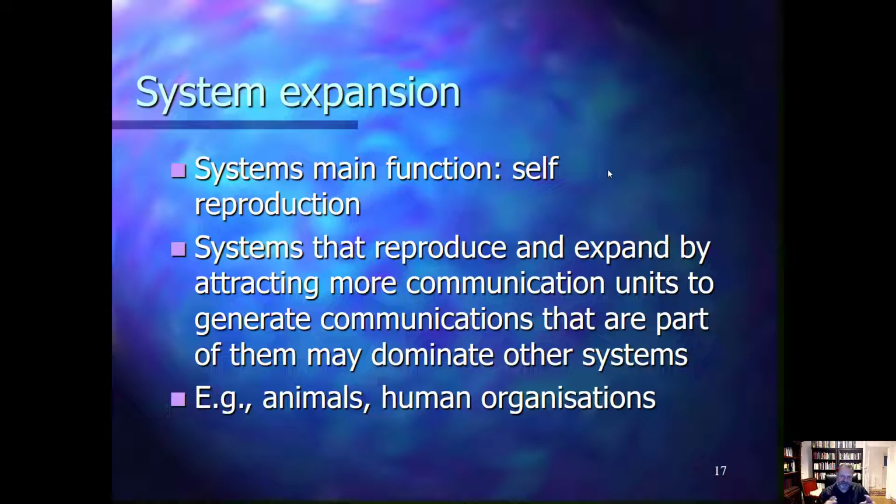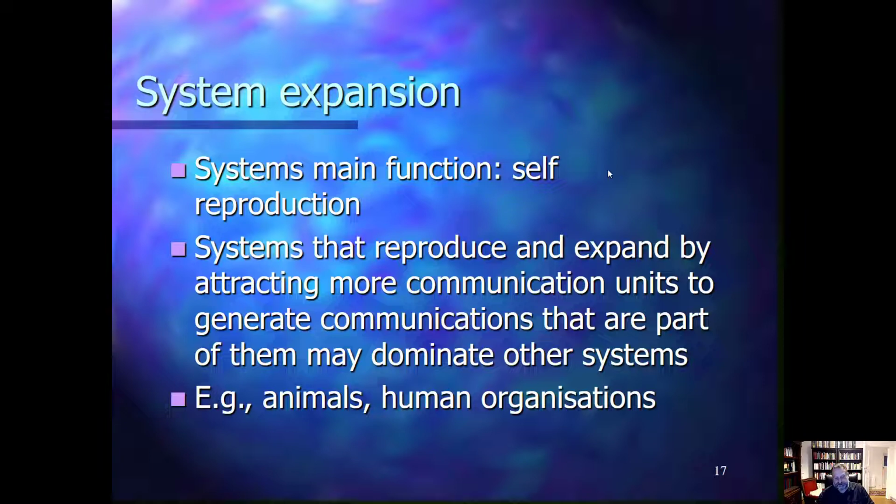Now, the systems may attract more communications, may attract communications from further communication units, and in this way the systems may expand as well. And those systems that expand, and perhaps expand faster than other systems around them, may dominate these other systems.